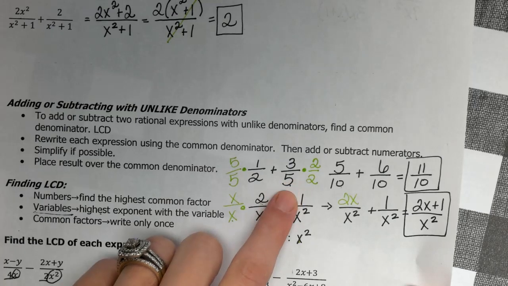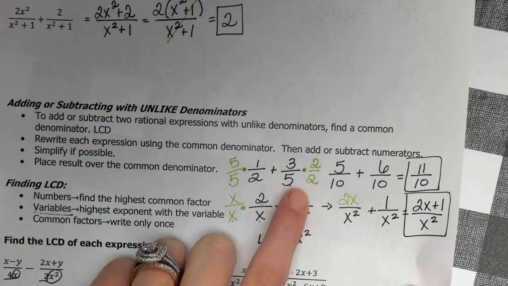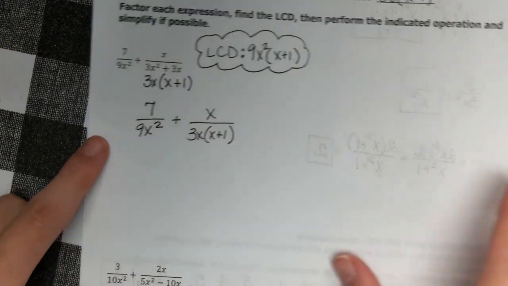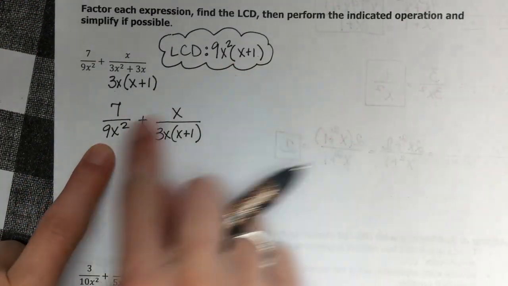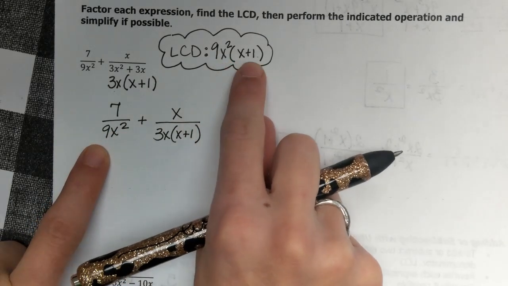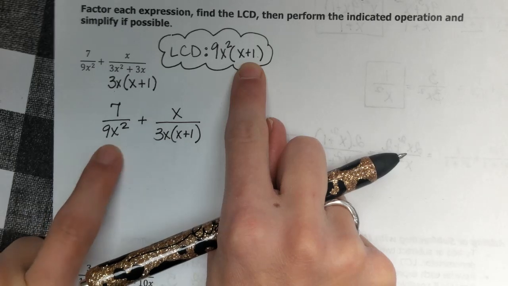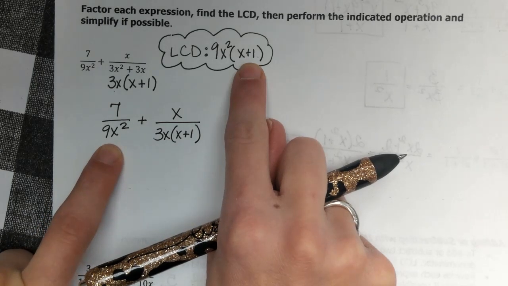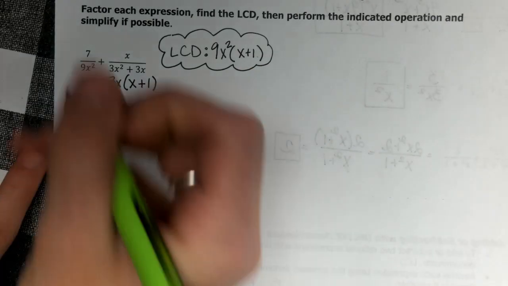And for the 3/5, I multiplied by 2 because that's what I was missing to get to 10. So I think about what I am missing from my LCD. If I needed 9x squared times x plus 1, and I only have a 9x squared, what am I missing? The x plus 1. That's what I multiply by.